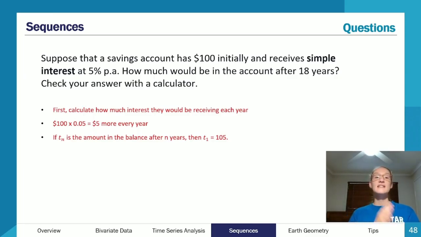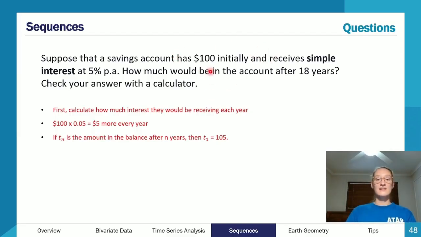I could have said T0 equals 100, and that's still equally as true, because now we're doing one of those practical application questions where our starting point before we actually do anything is what we want to have beforehand. So T0, after 0 applications of my rule, is 100, because Tn is the amount in the balance after n years, and at T0, 0 years have passed, so I know that there's $100 in the account initially.